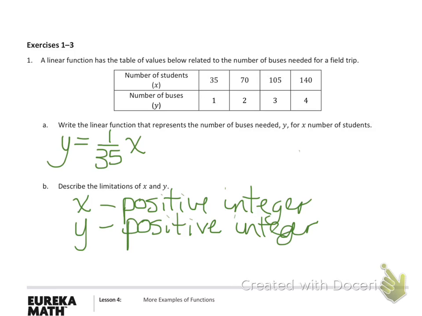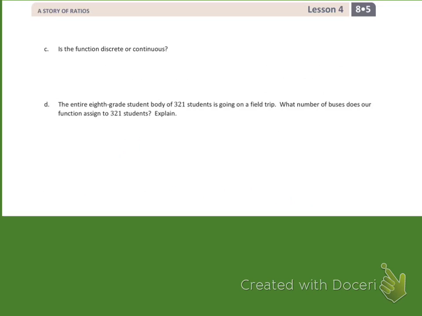All right, so let's look at the next question, which we've already addressed. This function is discrete because if we have integer inputs and outputs, that means there are gaps in between, and so the data is separate. The entire 8th grade student body of 321 students is going on a field trip. What number of buses does our function assign to 321 students?